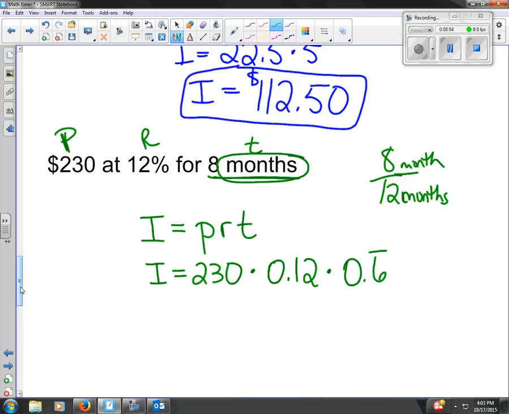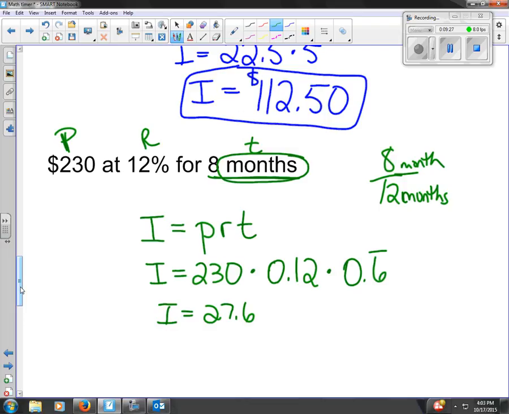So you have 230 times 0.12, initially 27.6, times 0.6. It's really 0.6666 repeating.